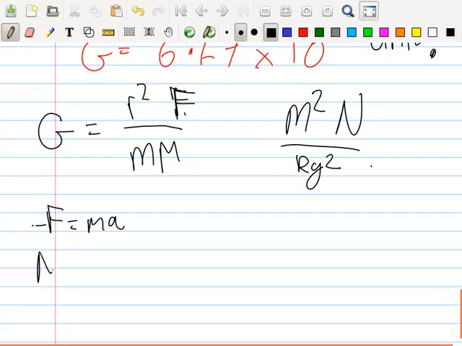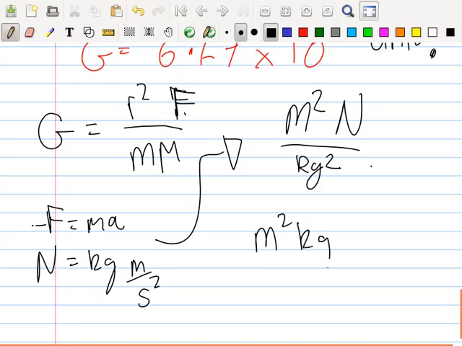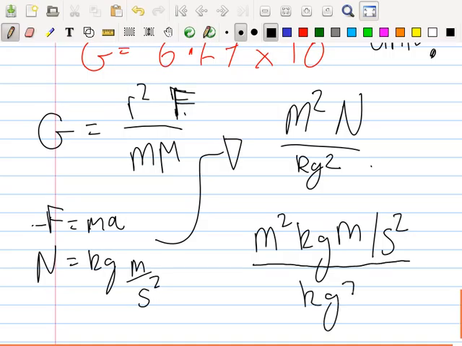What's F? Newtons. What's M? Kg. And what's A? Meters per second squared. So I get M squared kg M over S squared all over kg squared. What I did there was replace this N with kg M over S squared.